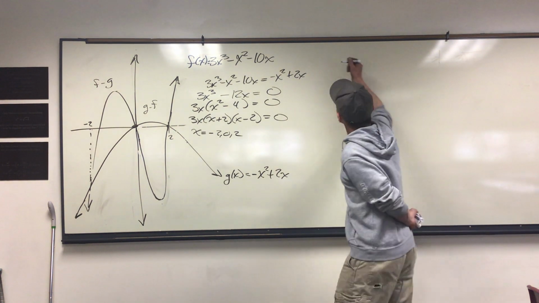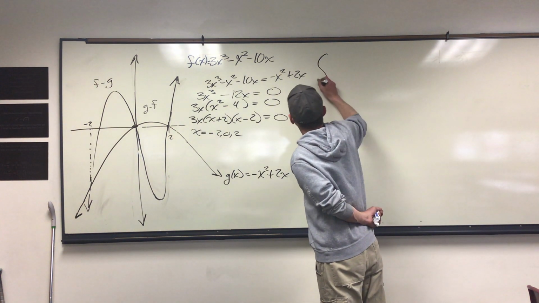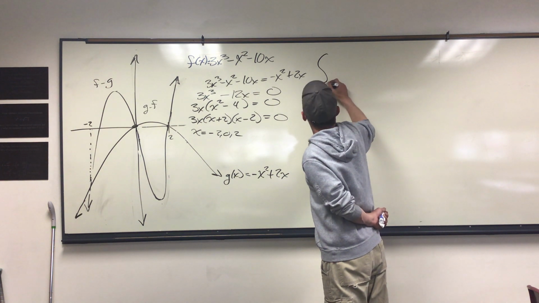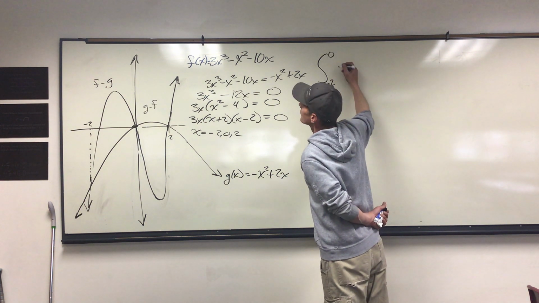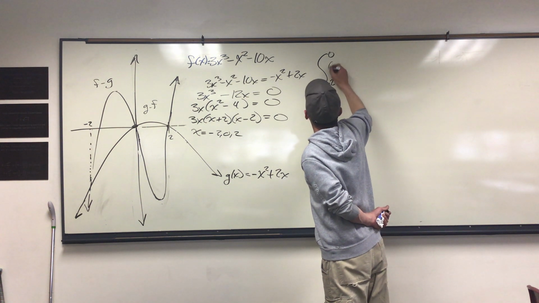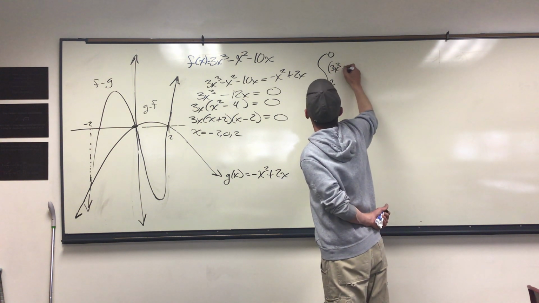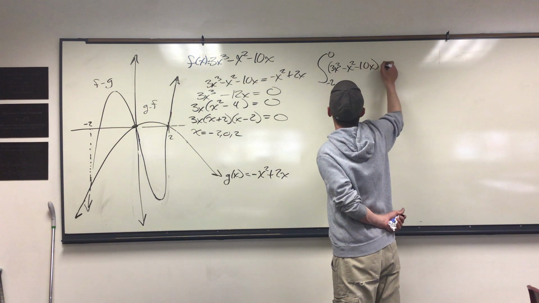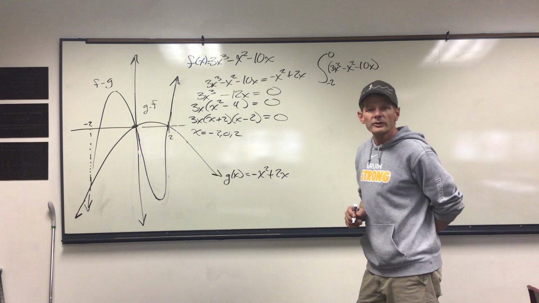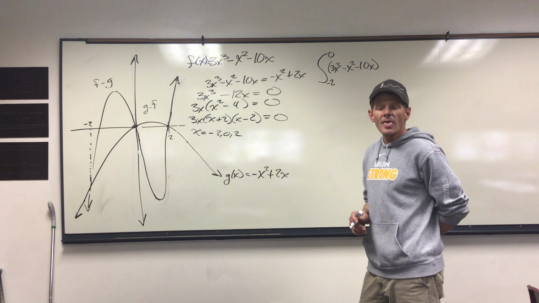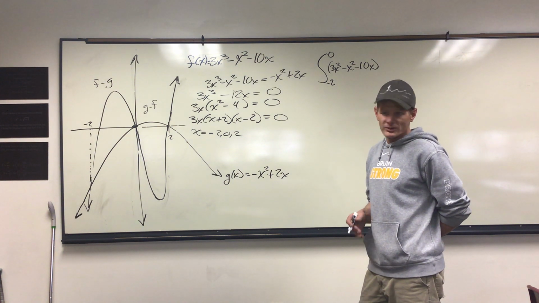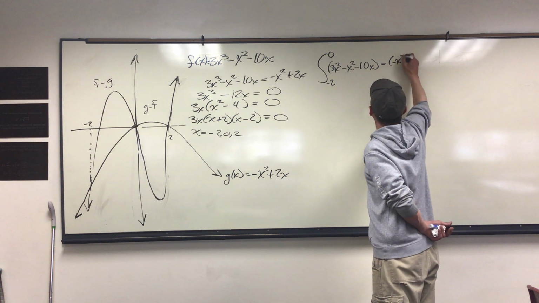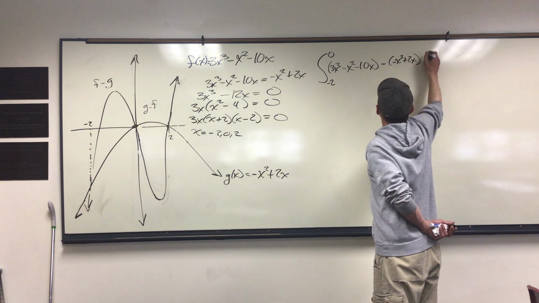The integral from minus 2 to 0 of 3x cubed minus x squared minus 10x, and remember that a difference of integrals is an integral of differences. So I'm going to write this like this: minus x squared plus 2x dx.